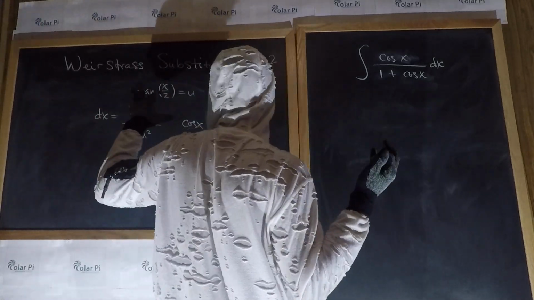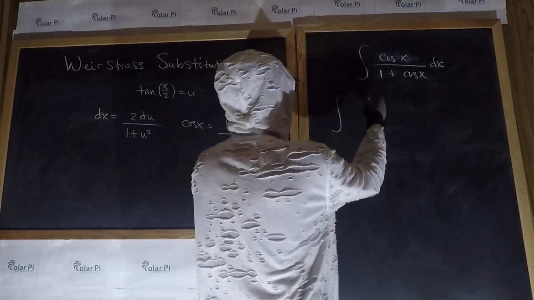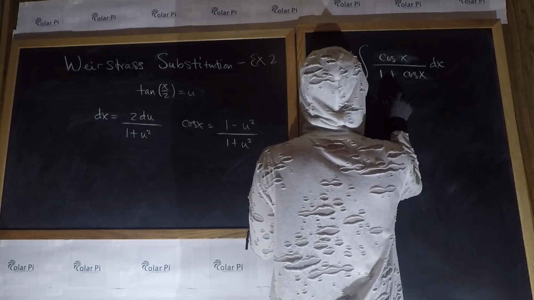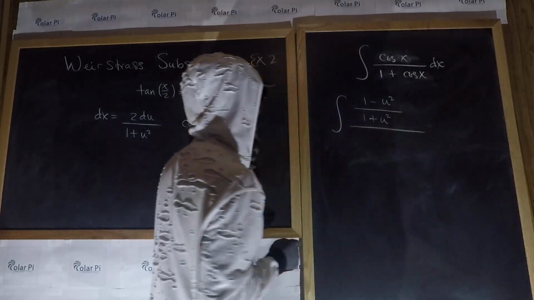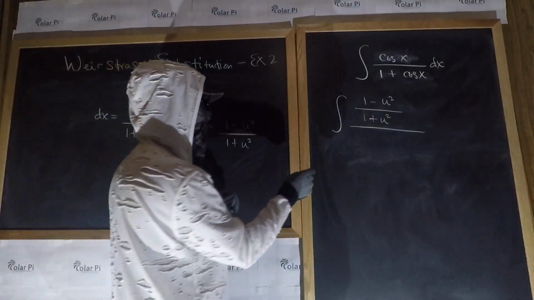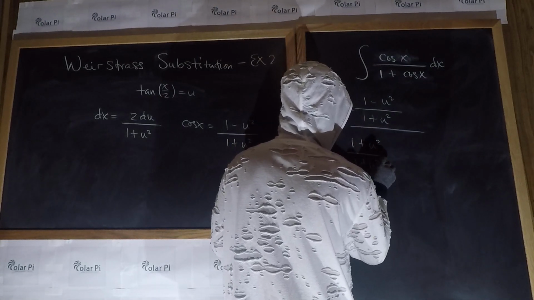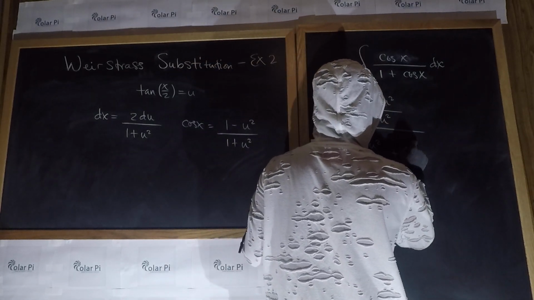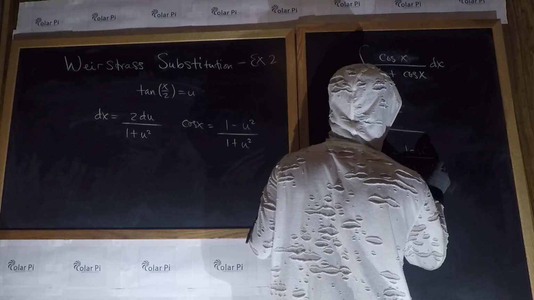So if you watched example 0, then you'd know all of this, and you would know that this integral will then turn to 1 minus u squared over 1 plus u squared over, and then 1 plus cos x is going to be 1 plus u squared over 1 plus u squared. This is the 1, that 1. And then plus cos x, which is 1 minus u squared over 1 plus u squared.